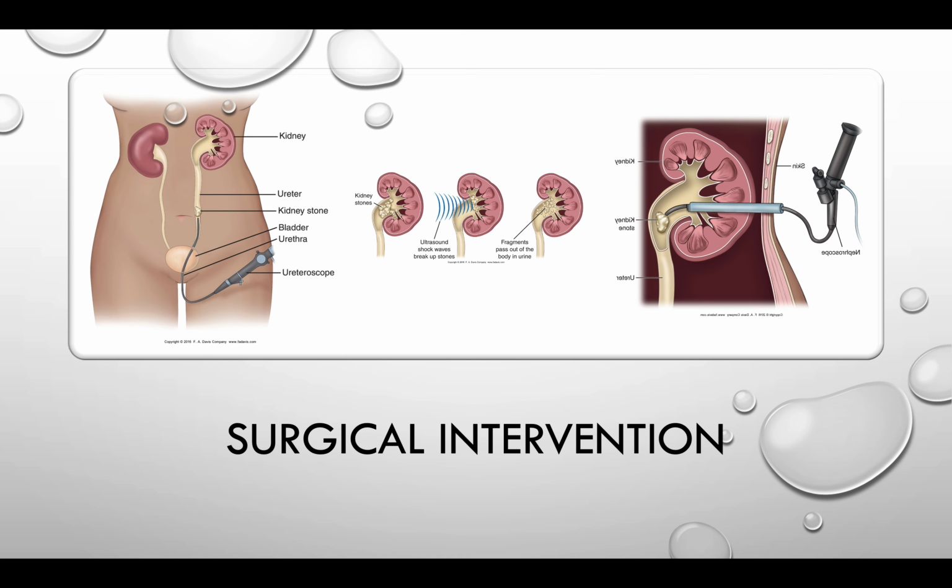But typically the best way to instruct them to remove that is to be in the shower, grab hold of that string, take a nice deep breath, count to 3 and pull it out. Of course, they don't want to keep pulling if they meet resistance or anything like that, but it sounds a little barbaric to me, but it can be done. If a patient just can't do that, it's also something that can be done in the office. Someone can do that for them if they are unable to.